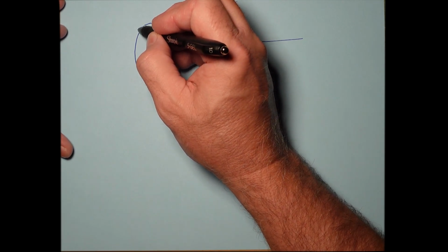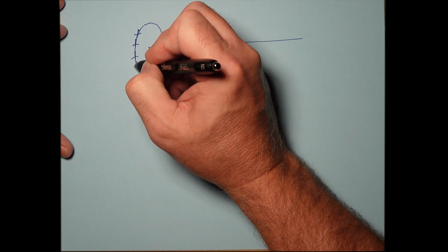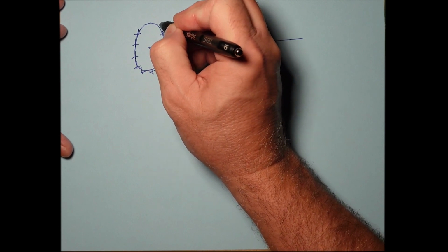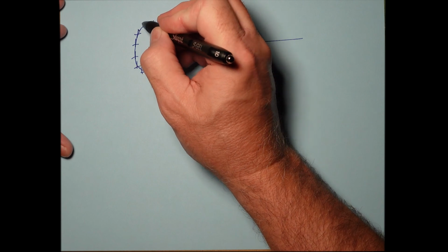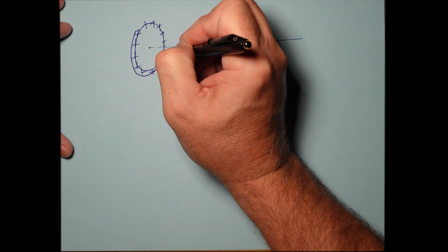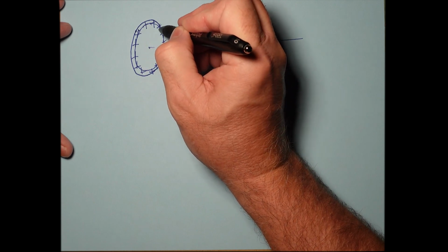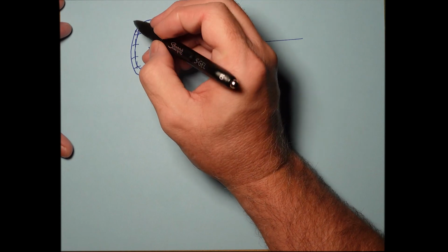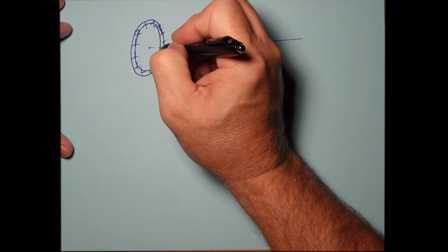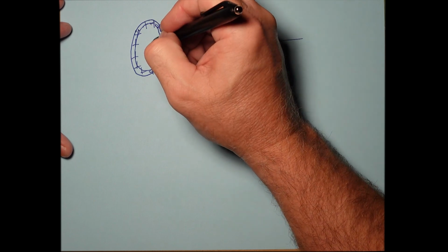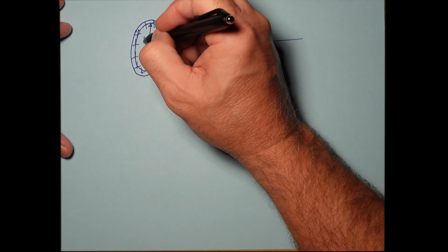Here's our plus charge on the ring. The ring itself has some thickness that is very, very thin, but nevertheless it has some thickness. We can shade that a little bit so it looks more three-dimensional. And it has a radius of big R.